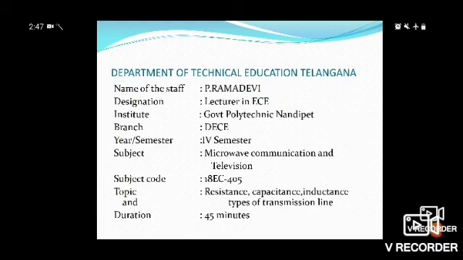Whenever we use this, it provides the lowest power loss. That means only a smaller power loss is going to occur, so for that we use this transmission media.